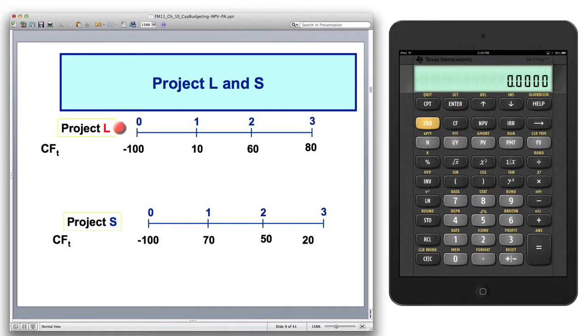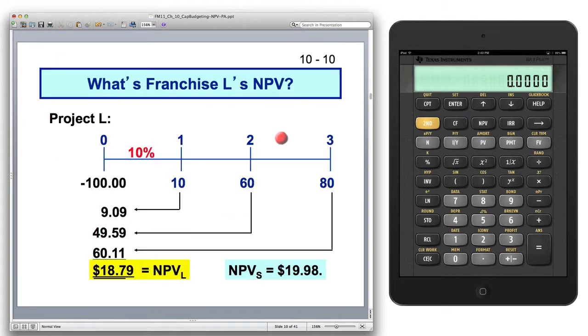Suppose we have a project L. The initial cost is minus 100, and it generates $10, $60, and $80 over the next 3 time periods, 1, 2, and 3. The foundation of the NPV is minus 100 is the cost. We cannot just add 10, 60, and 80.